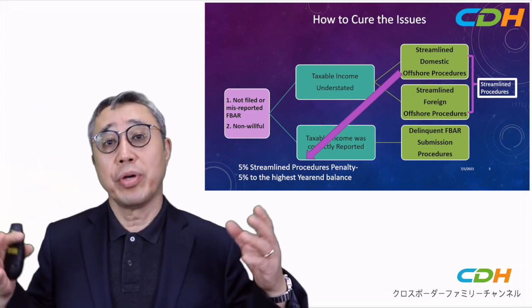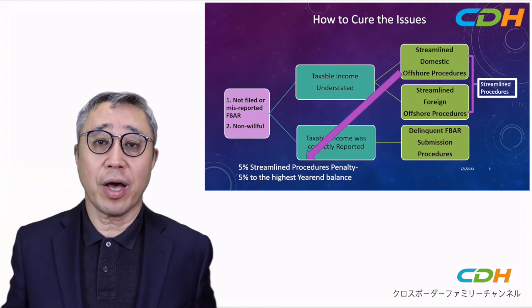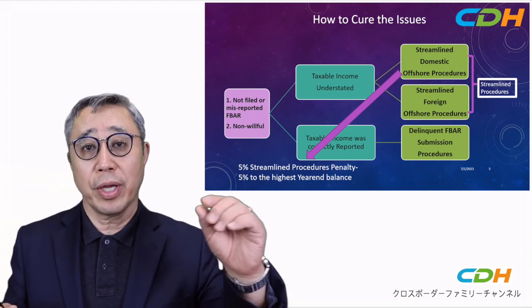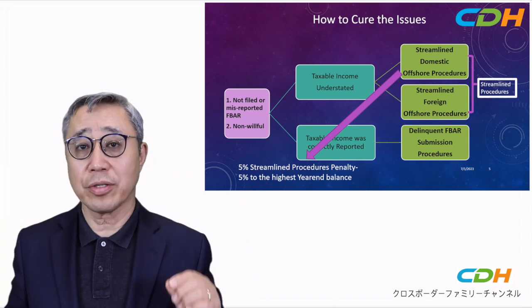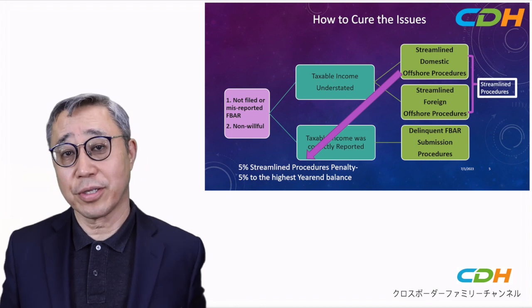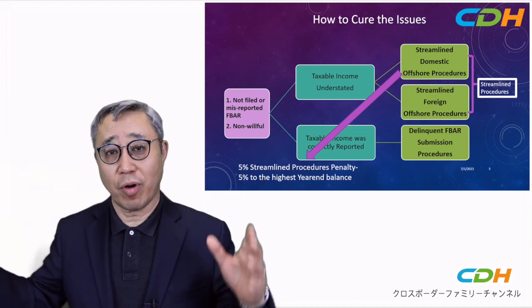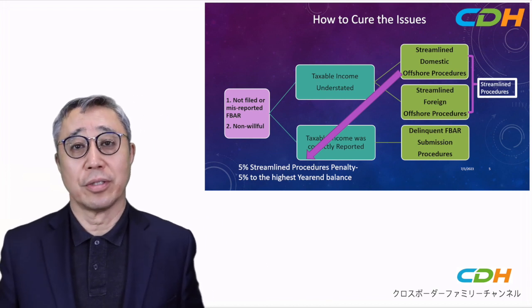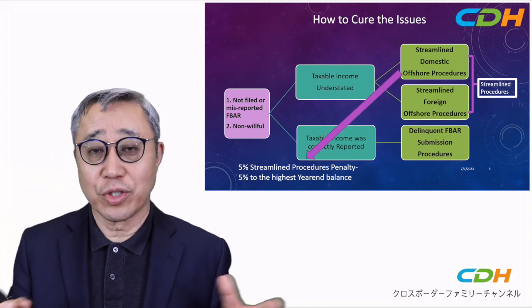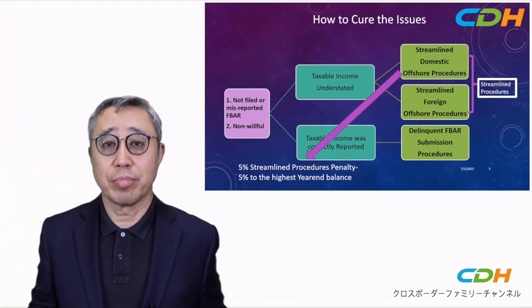Well, when you prepare 6 years of FBAR, at the same time you would pick up the year-end balance of those 6 years and then pick the highest balance from those 6 years, obviously in translated US dollars, and apply 5%.